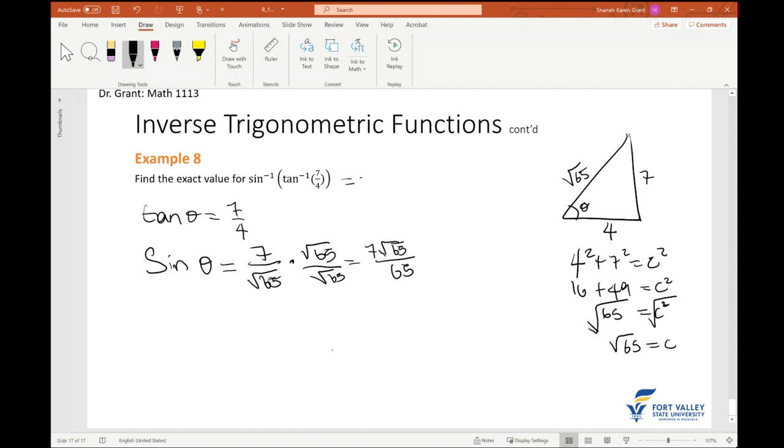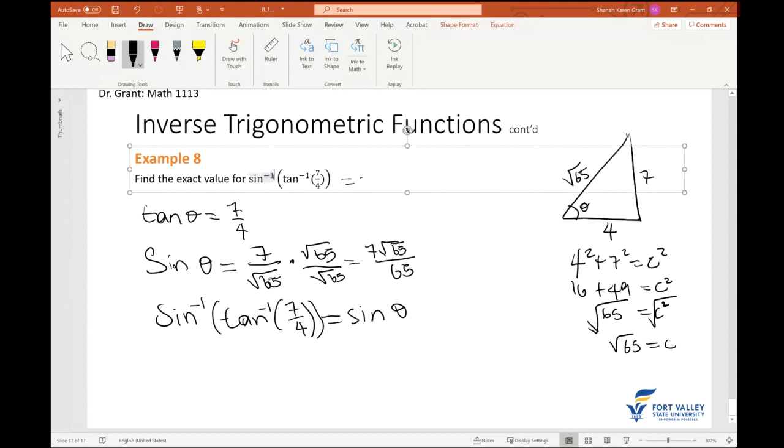So sine of tan inverse of 7/4 is equal to sine of theta. Actually, I'm sorry guys, this should not have an inverse here.